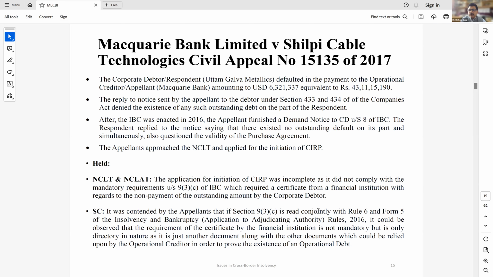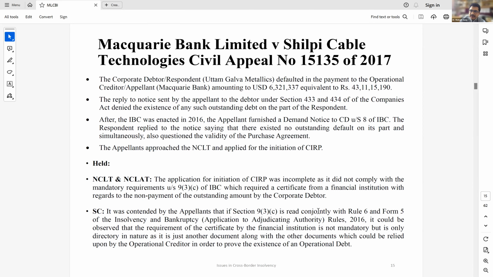Foreign creditors wanted to submit their claims, and the domestic creditors claimed that first all their claims must be resolved, and only then the foreign creditors' claims be entertained. But the court said no, creditors are creditors, and there should be no difference between domestic and foreign.